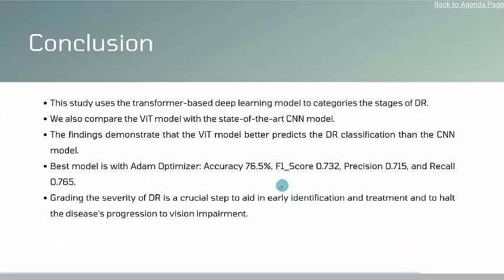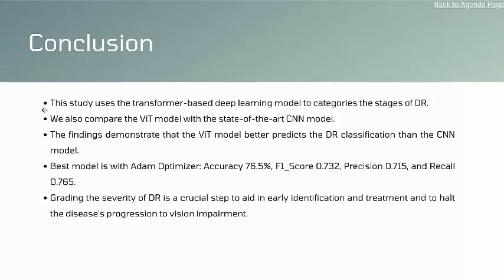We concluded that using all different parameters, the transformer-based deep learning model can categorize the stages of DR. We also compared the ViT model with the state-of-the-art CNN model. The findings demonstrated that the ViT model is better at predicting the DR classification than the CNN.